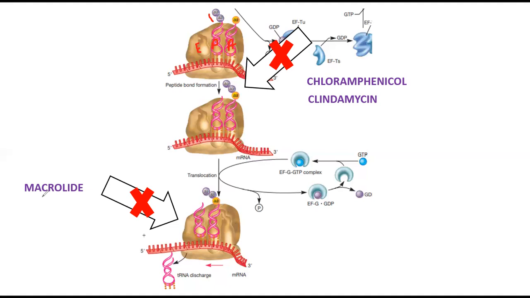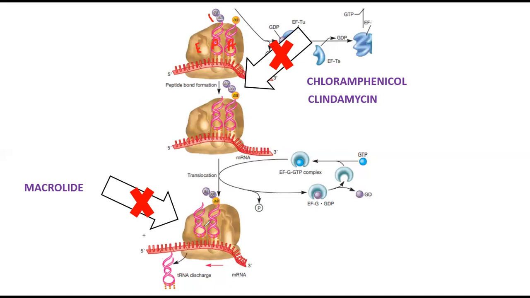So what does this macrolide do? It binds to the 50S ribosomal subunit and does not allow the removal of the empty, discharged tRNA. So it's a problem when the E site is occupied. The loaded transfer RNA cannot unload its amino acid to the new amino acid, and after that it cannot move to the E site because it is already occupied by the macrolide.